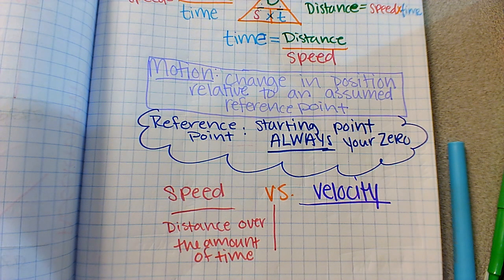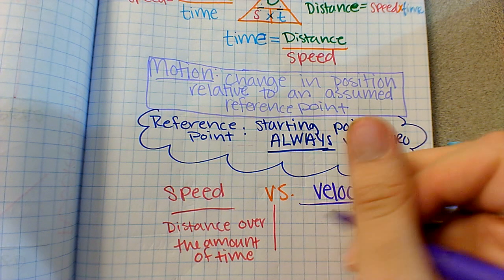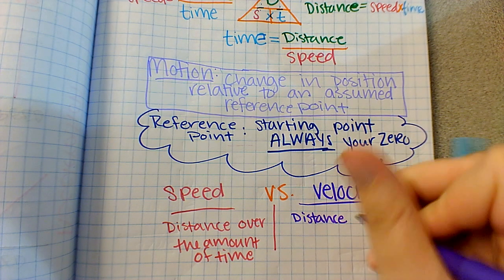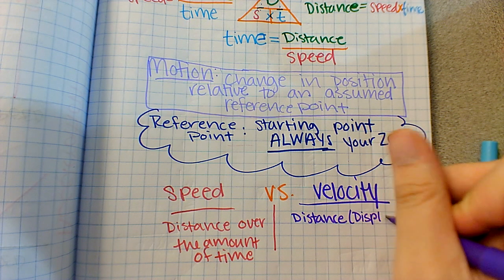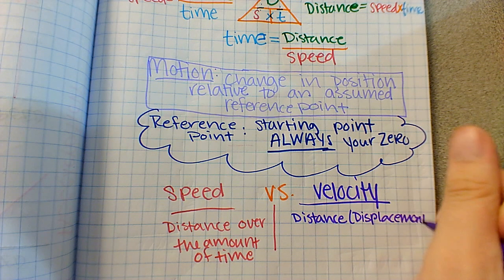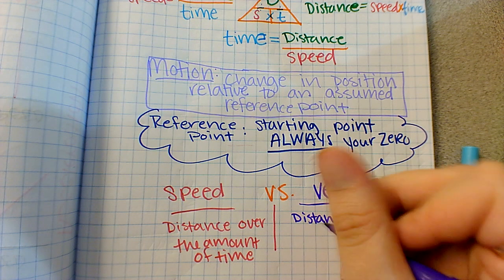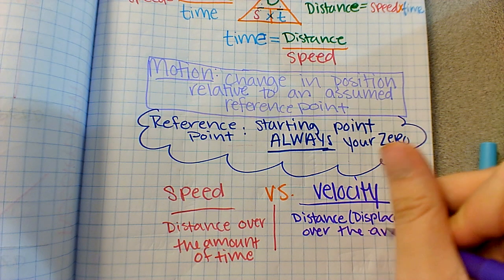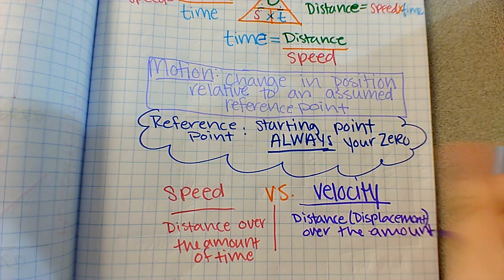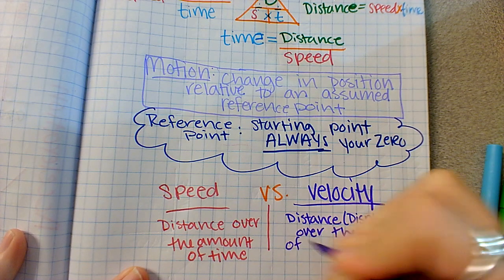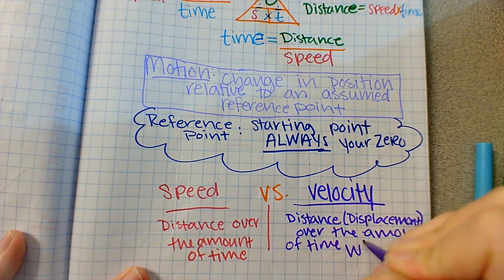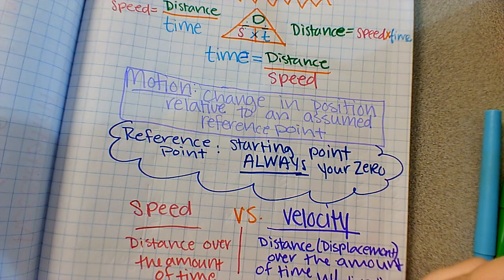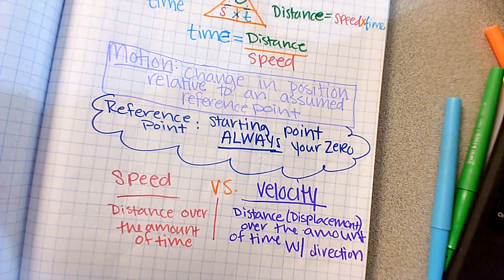And velocity is the distance, or really it's displacement, over the amount of time with direction. With the direction.